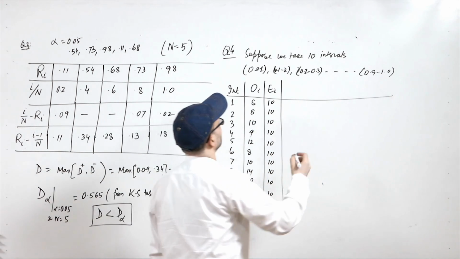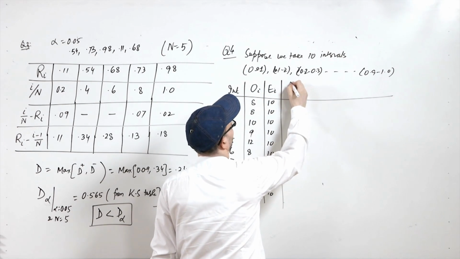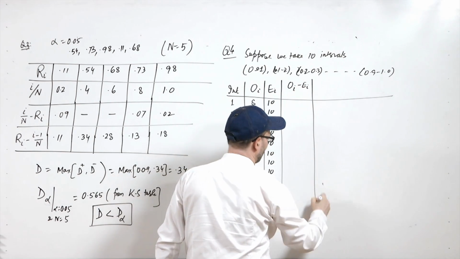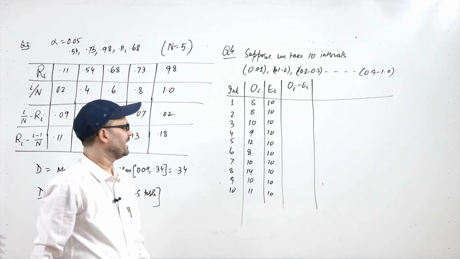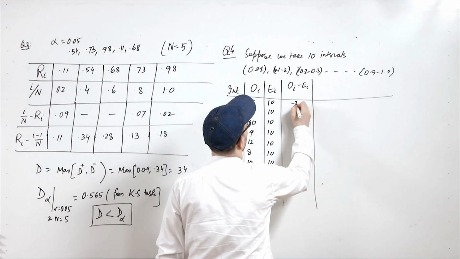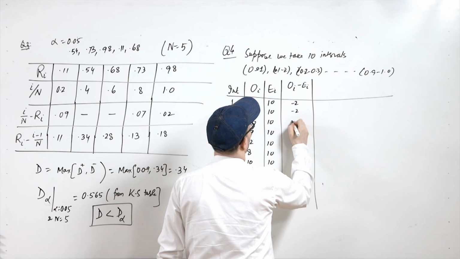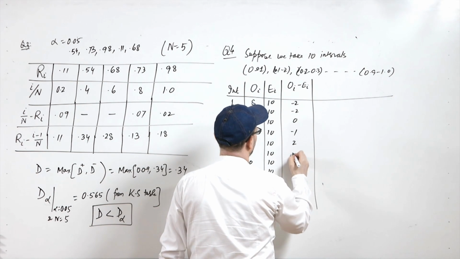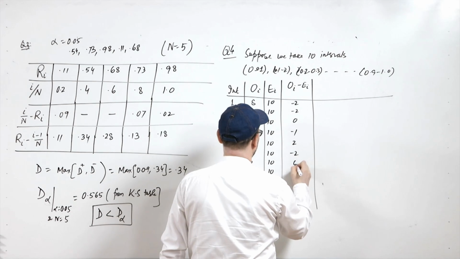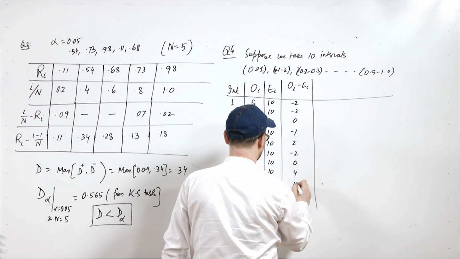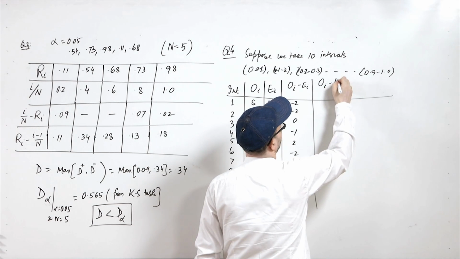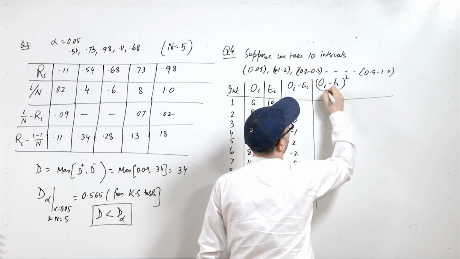Then we calculate OI minus EI, and we get -2, -2, 0, -1, 2, -2, 0, 4, 0 and 1. Ultimately we have to find OI minus EI whole square upon EI.